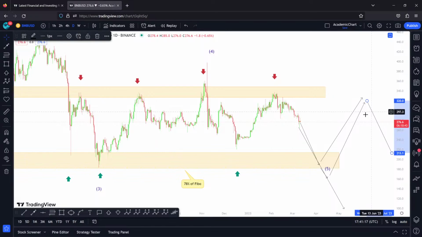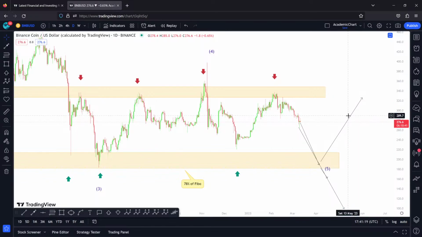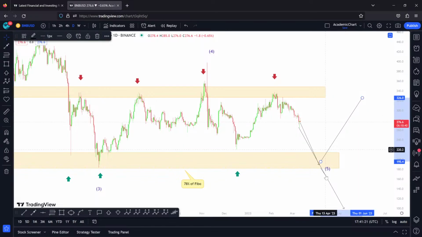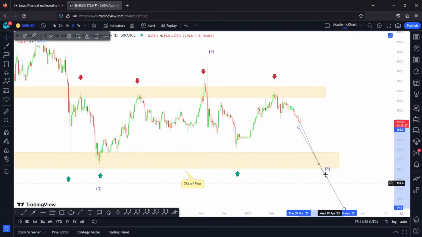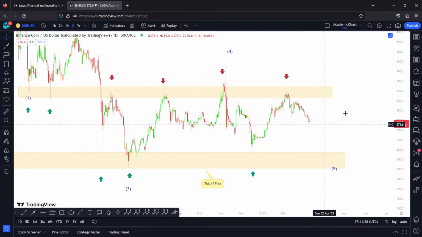I talked about this because I wanted to complete my whole story about those wave countings. But what matters is price. Simplicity is nice, and it's really enough to have a good analysis.